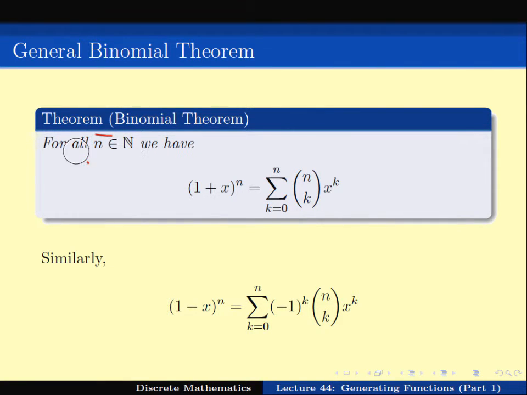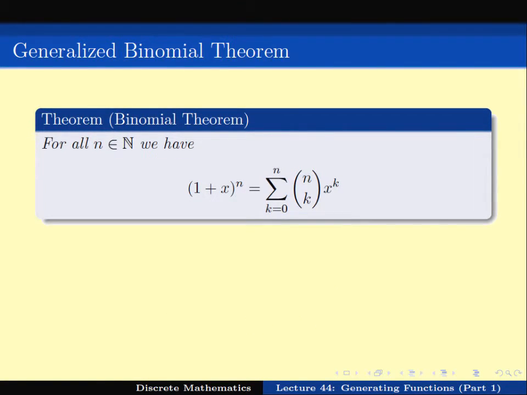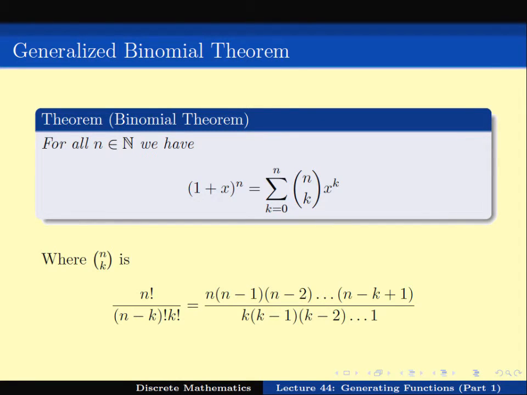Now, let's try to understand what it means by this n choose k. So n choose k is nothing but n factorial divided by (n minus k) factorial times k factorial.